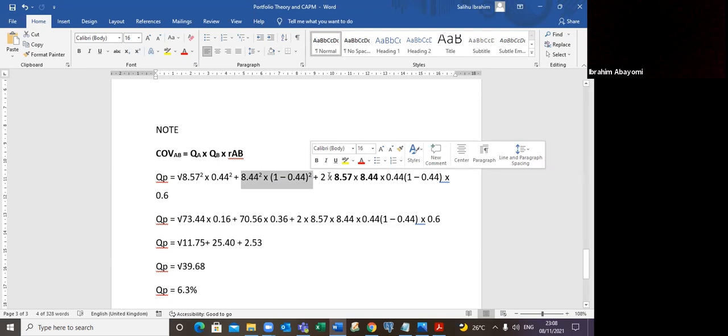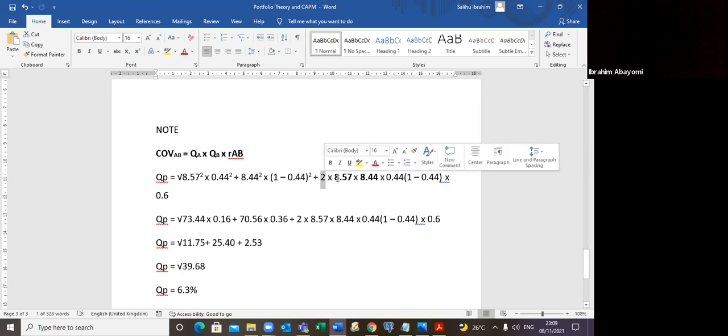The main one is 2 times standard deviation of A times standard deviation of B times weight of A times weight of B times correlation, or 2 times weight of A, weight of B times covariance. Any one you want to use.